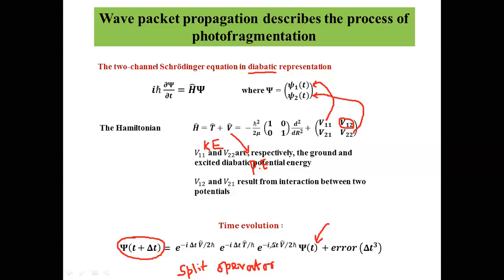Now here you have to remember, this is the potential energy operator in the coordinate space, right? So that means R1, R2, theta, or you can go for X, Y, Z, whatever. So this is in the coordinate space, right?